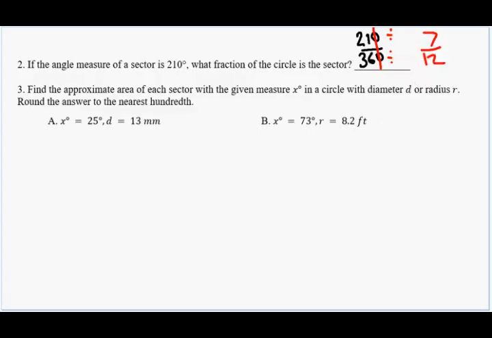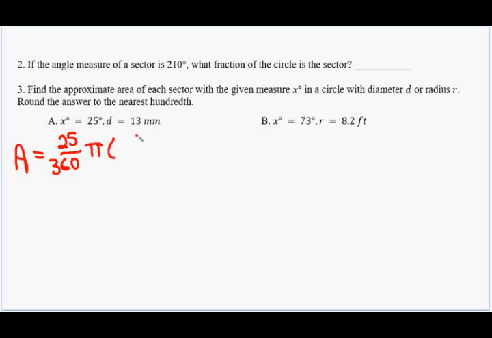All right, number 3. Find the approximate area of each sector with given measure x degrees in a circle with diameter d or radius r, round to the nearest hundredth. So in part A, our fraction is 25 out of 360 pi times radius squared.